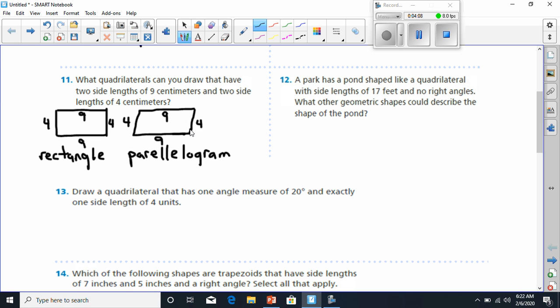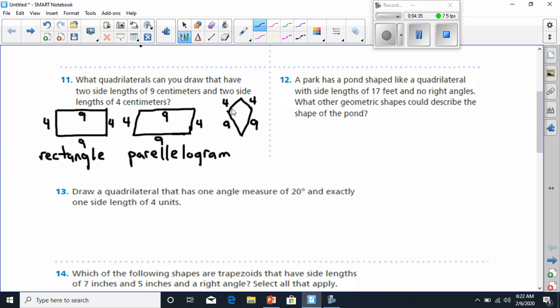I would say we could also go with, I think a kite might fit this description, because a kite could have 2 sides at the top. That could be 4. And then 2 sides at the bottom would be 9.